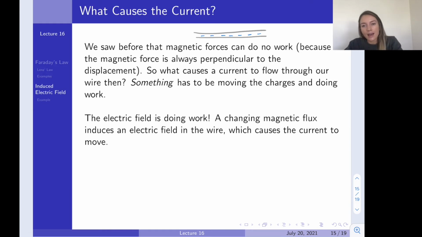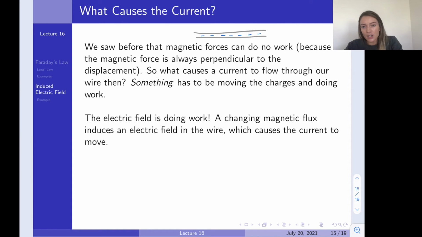And if I have charges that are moving in some path, that means that work is being done on them, right? Because they're moving. So it can't be the magnetic field that's really causing this current to flow, because we said already that magnetic fields don't do any work. Since the force is perpendicular to the displacement always by the way we define magnetic field and Lorentz's law, magnetic fields can't do any work. So it's not the magnetic field that's really causing this current to flow.